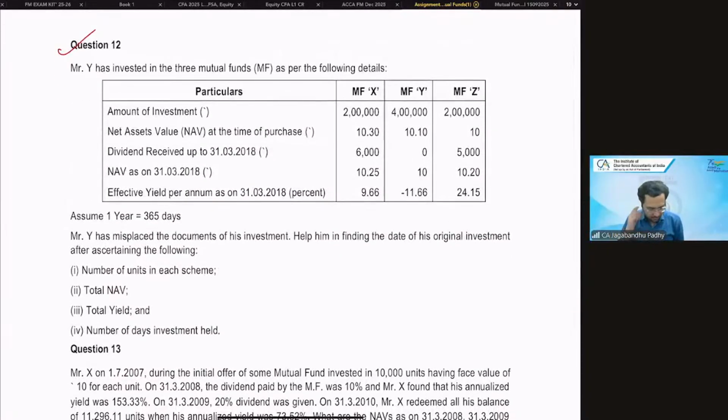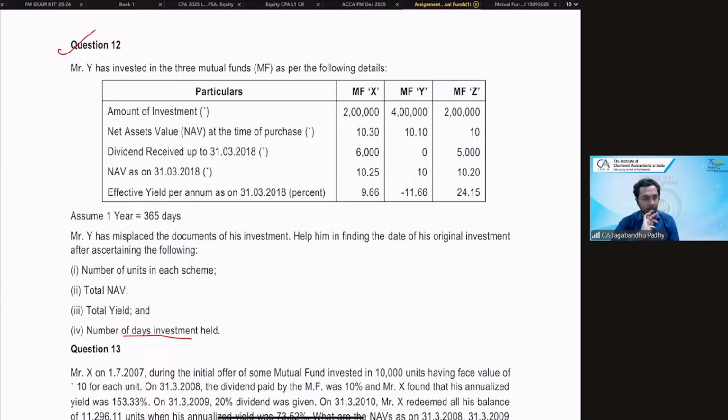Can you see what's the difference in question 12 as compared to the previous one? Let's look at question 12. It is in number of days. We want to calculate the number of days of investment.